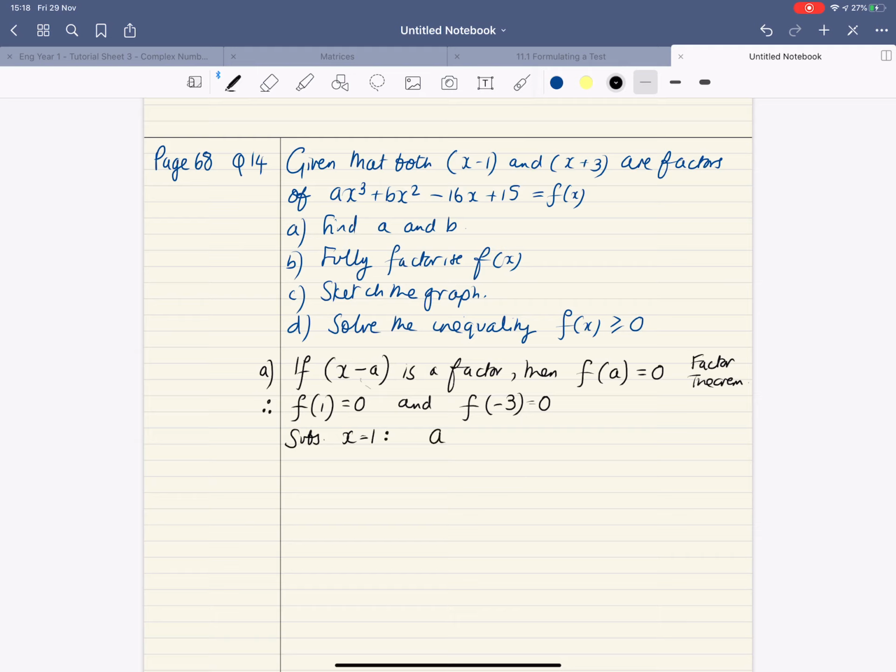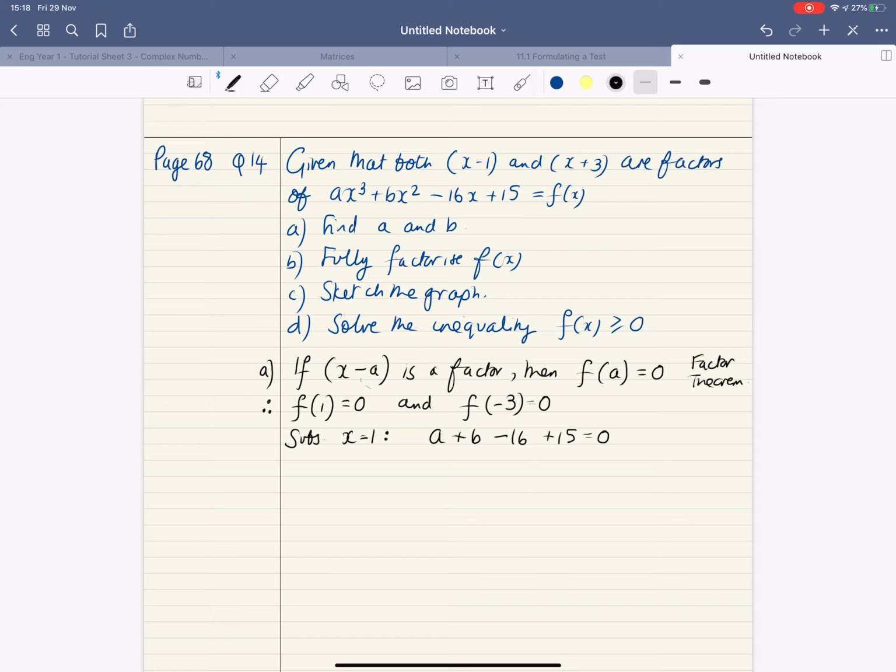Now when it's 1, 1 cubed is 1, 1 squared is 1 and 1 is 1. So you get a plus b minus 16 plus 15 is 0.